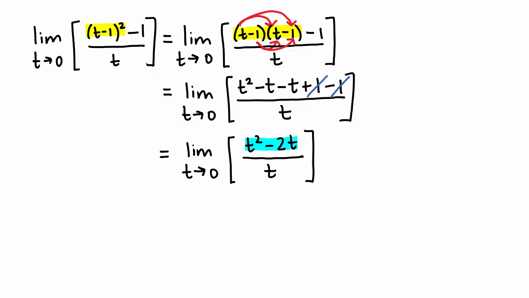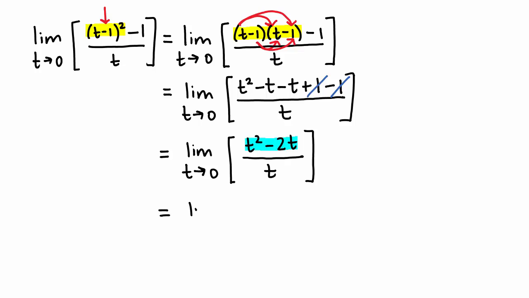So I can use the same strategy that I was using in the previous video to complete this limit, and that involves factoring the numerator. The general rule is, if you see something that can be factored, then factor it. Just like up here in the beginning of the problem, if you can see something that you can expand, then expand it. All right, so let's go ahead and perform that factorization of the numerator.